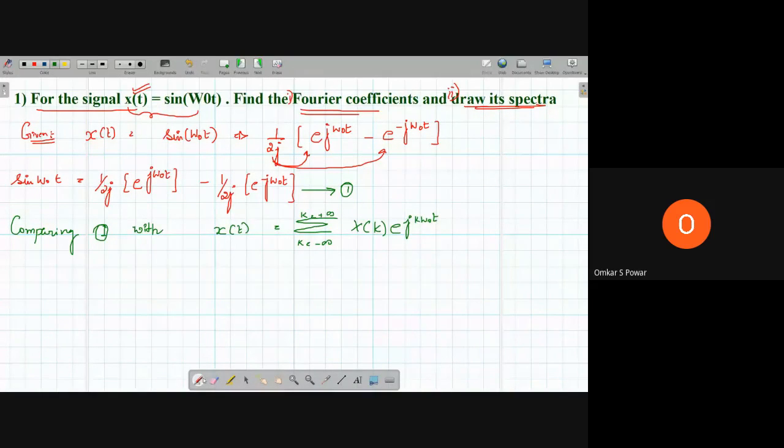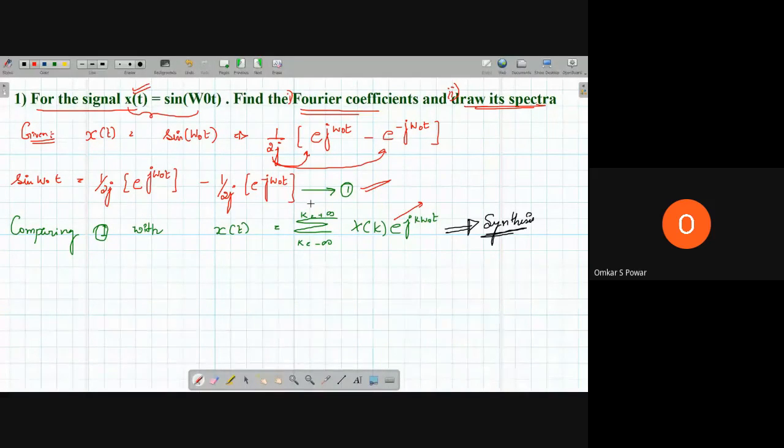Where did this equation come from? At the beginning of the class I wrote this as the synthesis equation. If you want to express your time domain signal in terms of frequency domain, you write the summation over k of x[k] e^(jkω0 t). So we will compare this equation with the above equation and get the values of x[k].